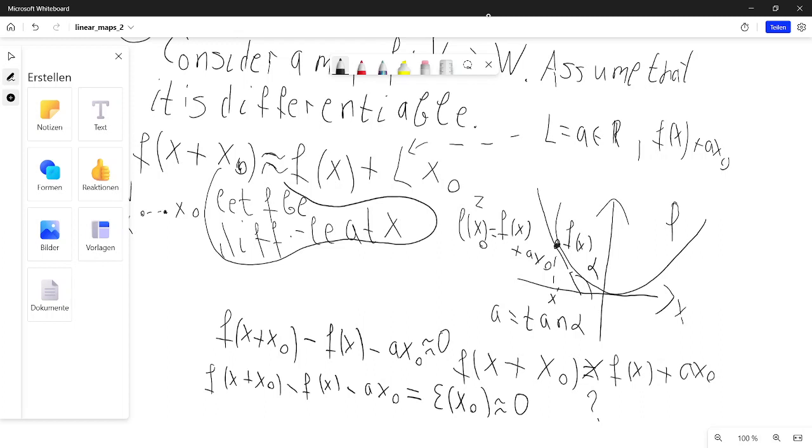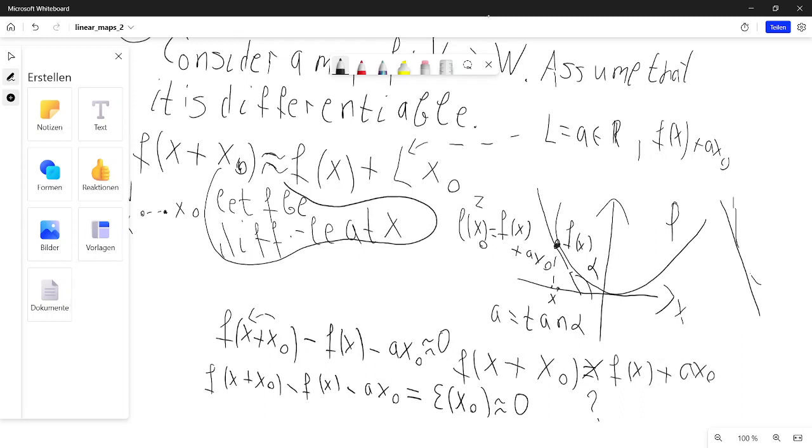And of course, that only works in the proximity of the point x. So if x0 is very close to x, then this function, if it is differentiable, is linearizable in the very proximity of this point x, somewhere here. The function looks kind of like a line. Okay, I have drawn it badly, but if you think about that, you see something like this.